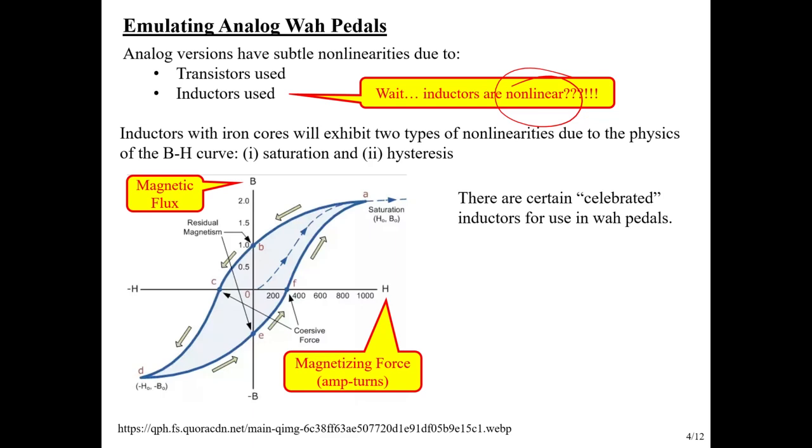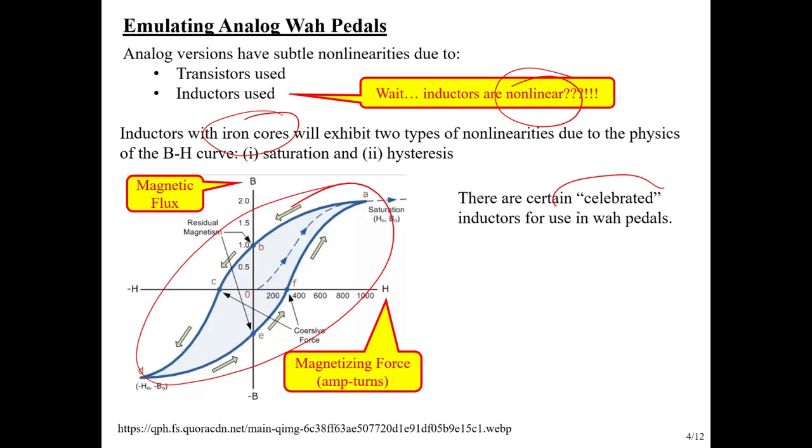They threw it into the circuit, and then people liked how that sounded and discovered that if you put in other inductors, I'm not talking about different values, I'm talking about different manufacturers of inductors, right? Slightly different iron core makeups and slightly different geometries of windings and so forth would all lead to different shapes of hysteresis curves. So certain inductors are going to have certain sounds because of that in the wah-wah pedal.